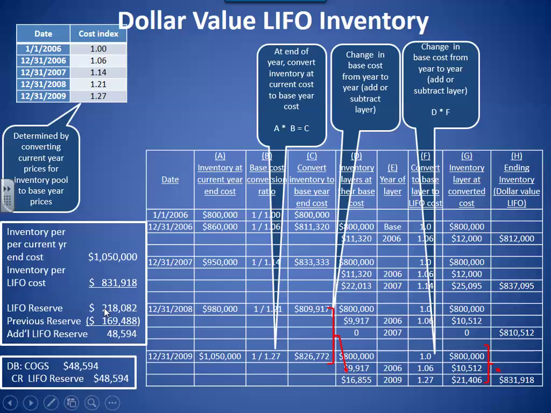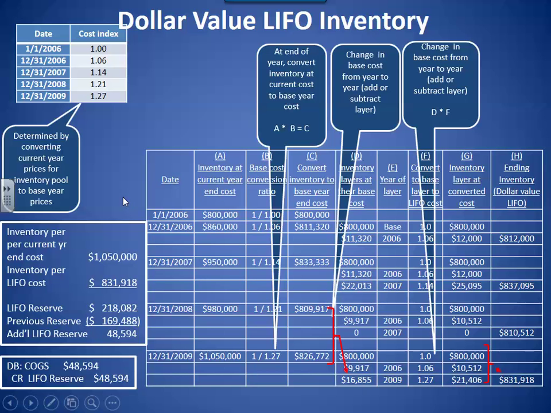From our previous slide, our LIFO reserve was bumped up to $169,488. So we're almost there, but not quite up to the $218,000. We have to add another $48,594 to our LIFO reserve, and the entry would be credit LIFO reserve $48,594 and a corresponding debit to cost of goods sold.